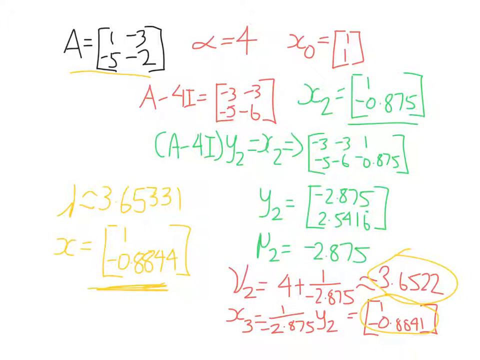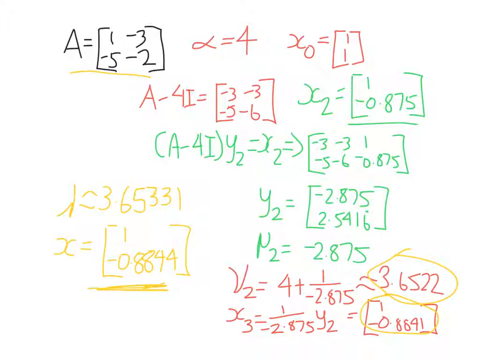But let's think of what we actually did. At each step, we were solving an equation, and then when we got our solution, we just calculated the entry in the vector y with the largest absolute value. And then finally, we got an estimate for the eigenvalue, which was a simple subtraction.